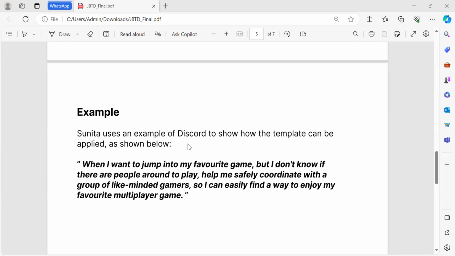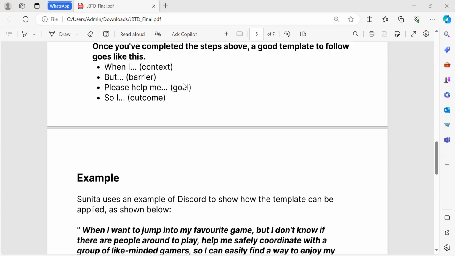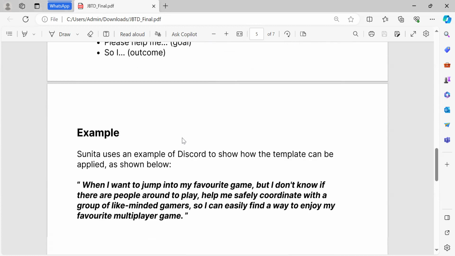Now, let's break it down into the four parts that we have already studied. The first part is "when I." So, when I want to jump into my favorite game, that is the context. We are setting the context in the first statement. Then the barrier part: but I don't know if there are people around to play. So the barrier here is uncertainty of people being around to play. Help me safely coordinate with a group of like-minded gamers: this is the goal, where the user is asking for help.